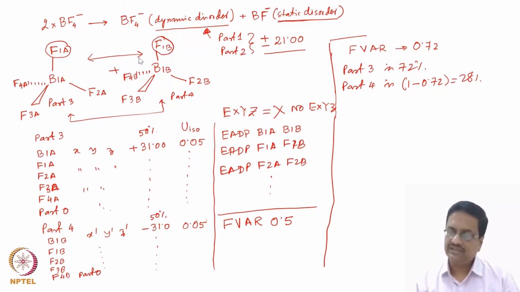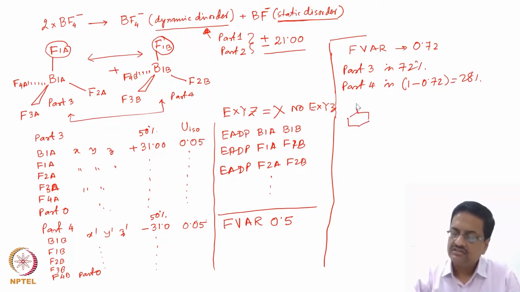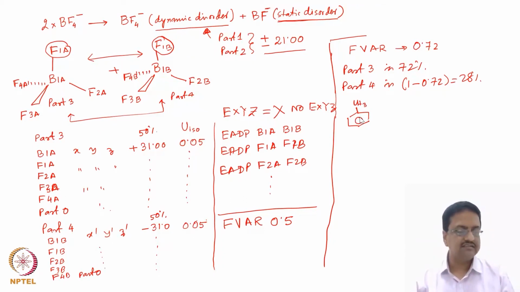For example, sometimes we encounter a solvent molecule like toluene, which also is found to be disordered at two different locations. As a result, we have to do this kind of refinement on all the atoms of toluene and find out what is the final refined parameter for that disordered fraction.